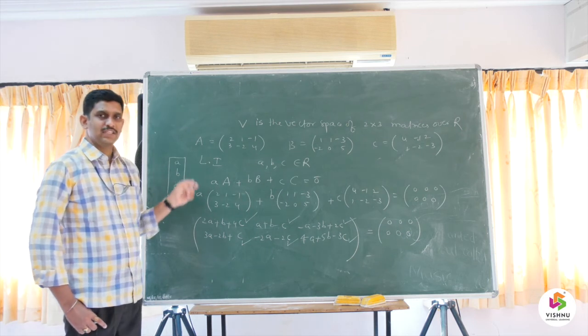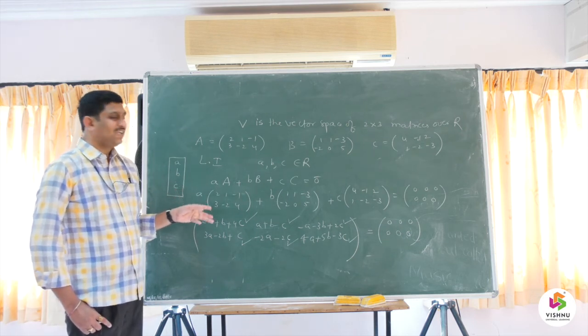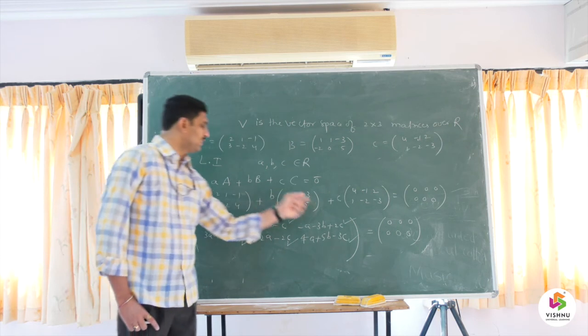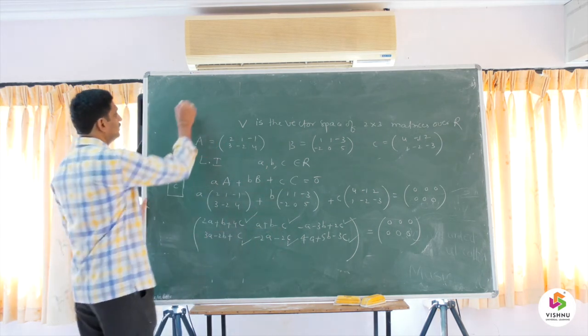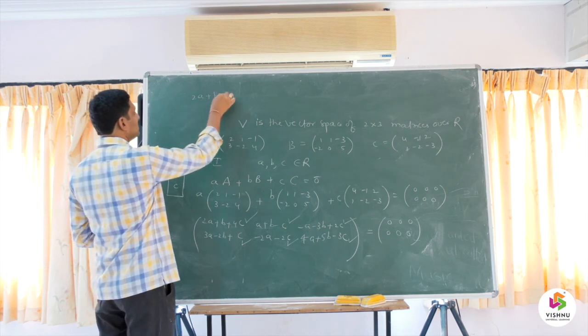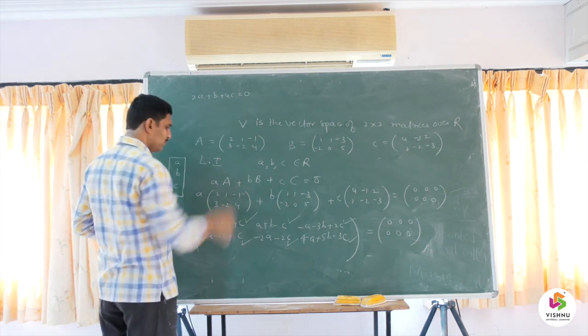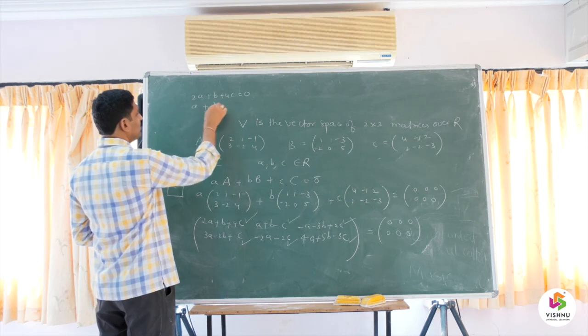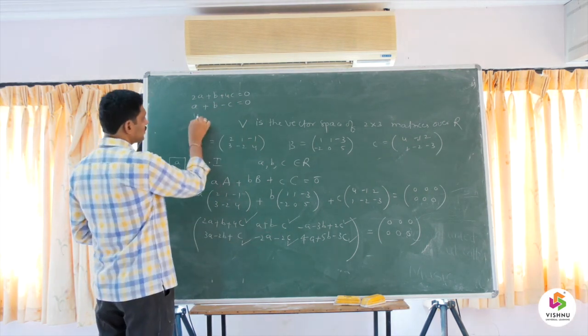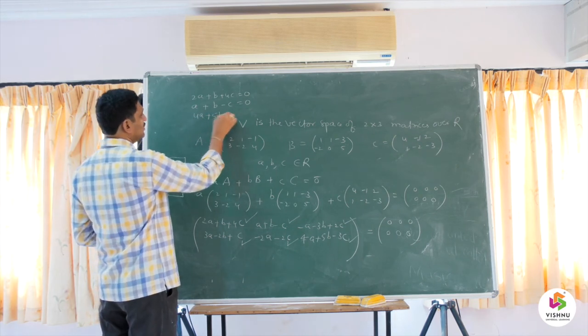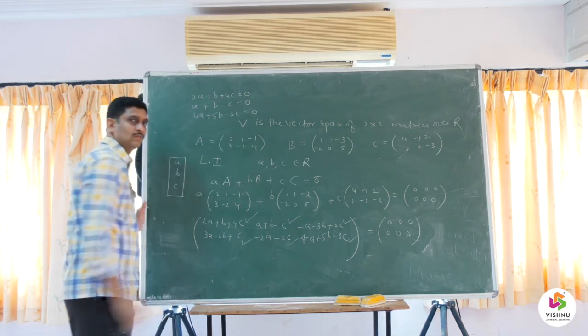So we take randomly any 3 equations among the 6, right? Let us take 2a plus b plus 4c equal to 0 and a plus b minus c equal to 0, and you can take any equation, so 4a plus 5b minus 3c equal to 0.